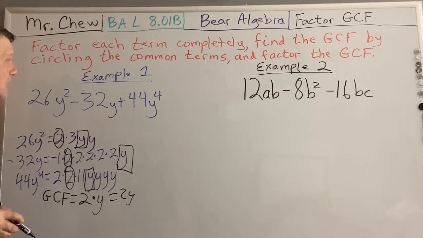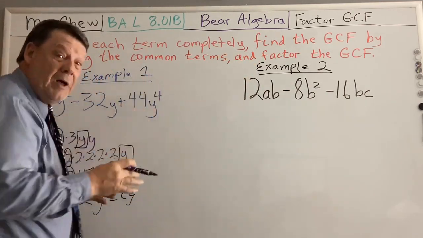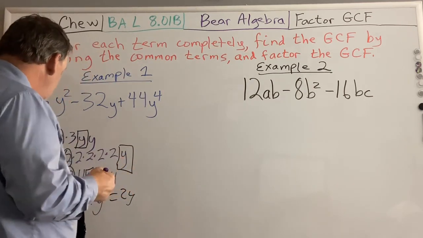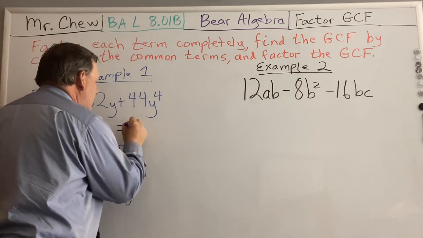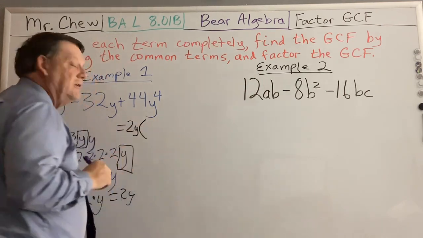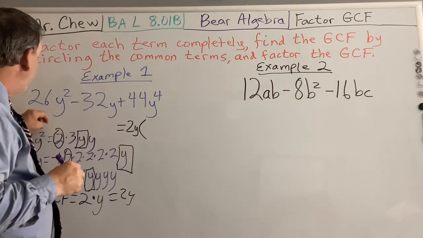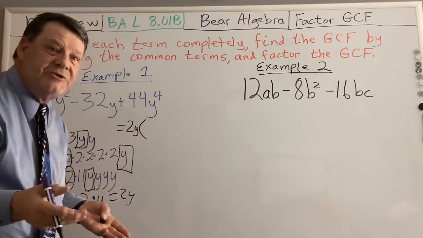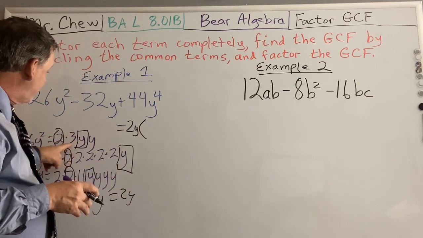Okay, so now to factor the GCF out of this polynomial, I'm going to take this GCF times, now, what do you multiply by 2y to get 26y squared? Some people can see this quickly, but if you can't, look and see what has not been marked as common.